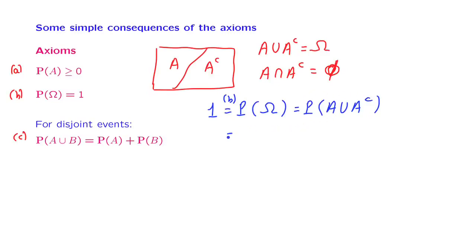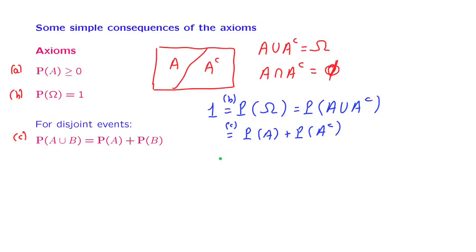And next, since a set and its complement are disjoint, this means that we can apply the additivity axiom and write this probability as the sum of the probability of event A with the probability of the complement of A. This is one of the relations that we had claimed and which we have now established.